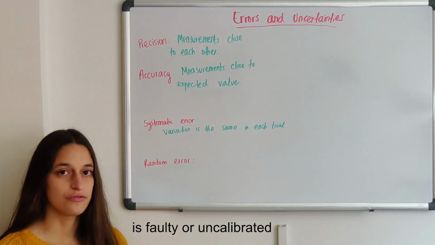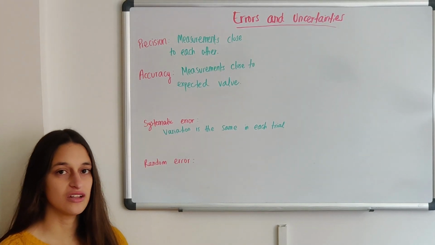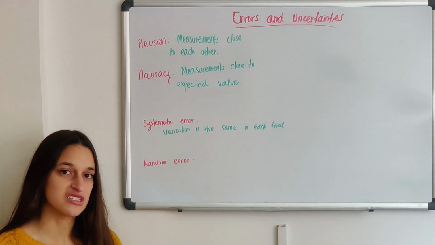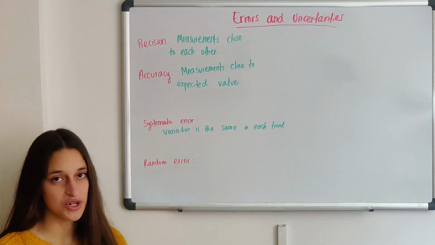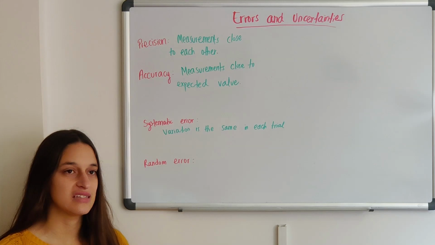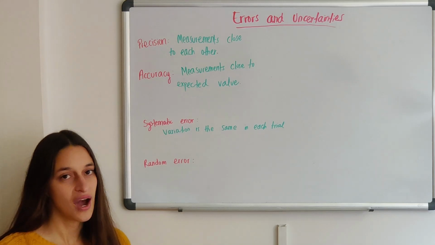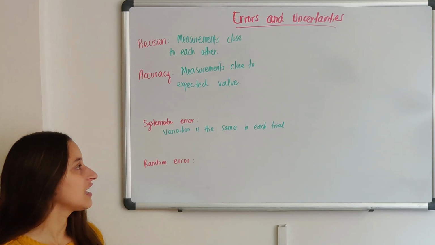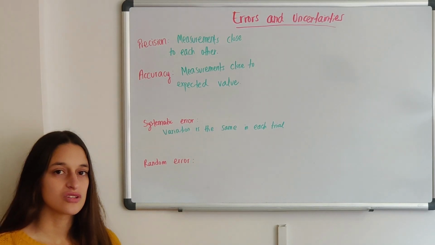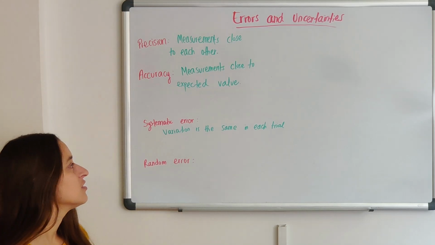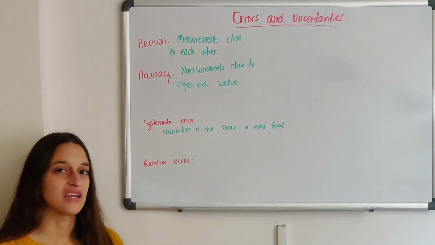So for example, if I have a scale and I'm measuring different masses, but when no one's on top of it, the scale marks 10 kilograms. Well, if I measure the mass of everyone in the room, I'm going to get all of the masses too high by exactly 10 kilograms. So if I do many trials, like hundreds of trials, but I don't look at the scale and see if there's something wrong, then I will never be able to take away the systematic error.